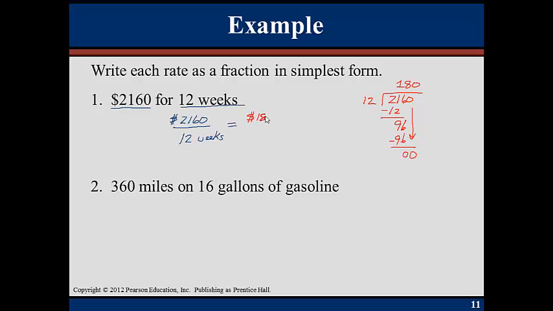We end up with $180 in 1 week. Again, your units do not cancel out, so we keep our dollars and we keep our week, and this is your final answer.